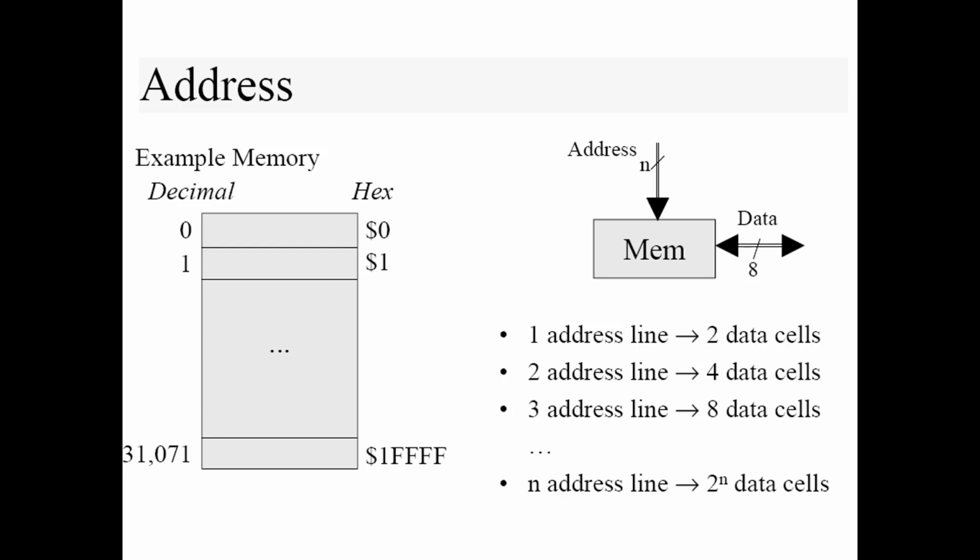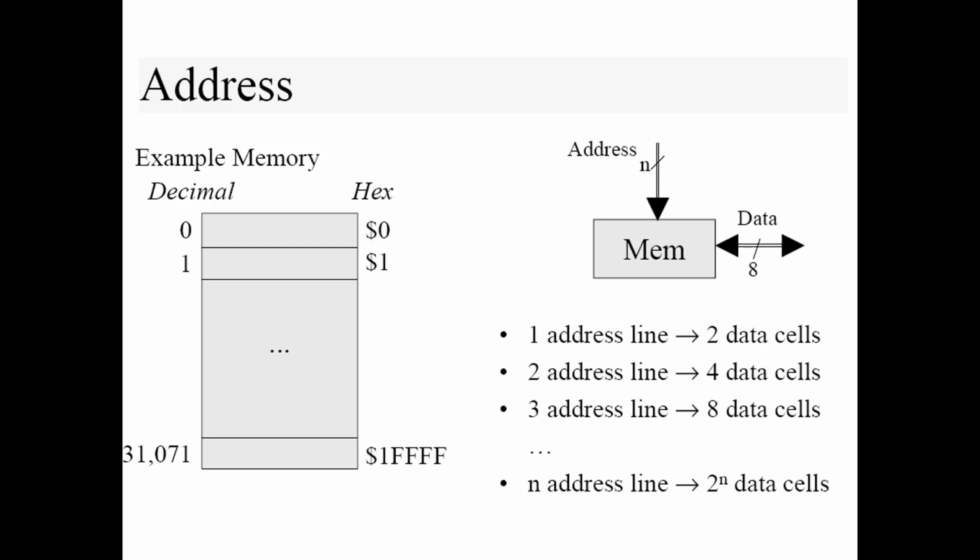Number one, with one address line, you can have 2 raised to 1, equal to 2 unique addresses. This means you can access 2 data cells. With two address lines, you can have 2 raised to 2, equal to 4 unique addresses, which allows you to access 4 data cells. In the general case, with n address lines, you can have 2 raised to n unique addresses, therefore you can access 2 raised to n data cells.